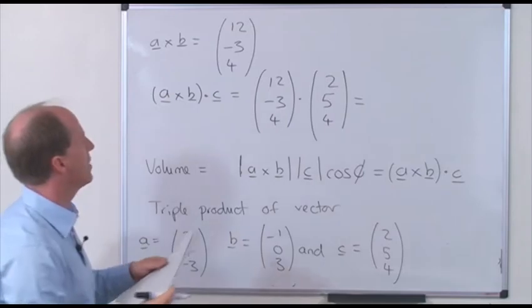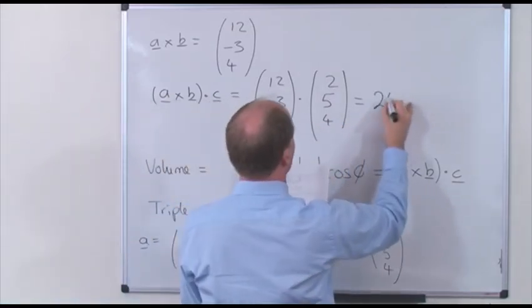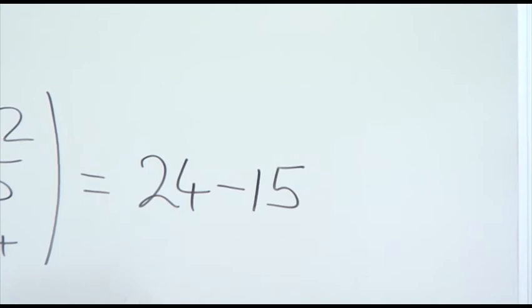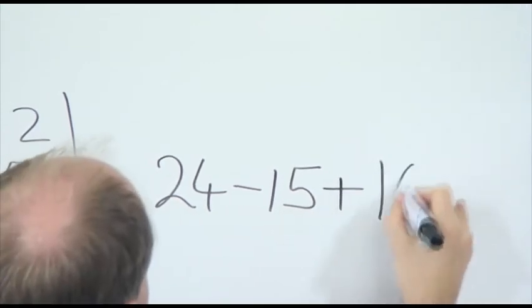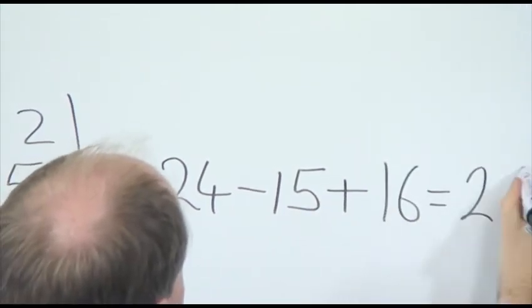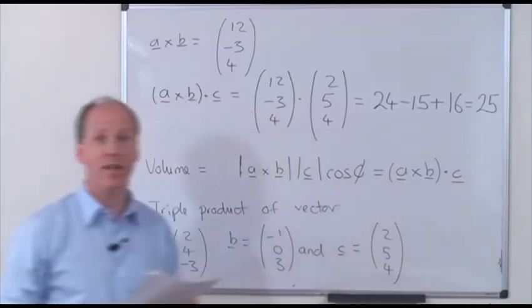And so the volume is going to be given by 24 minus 15 plus 16. In other words, it's equal to 25 units.